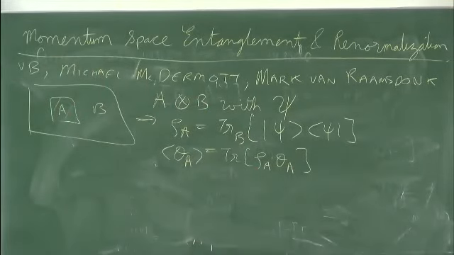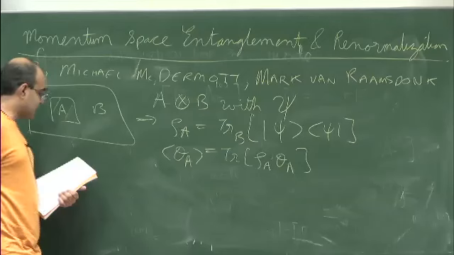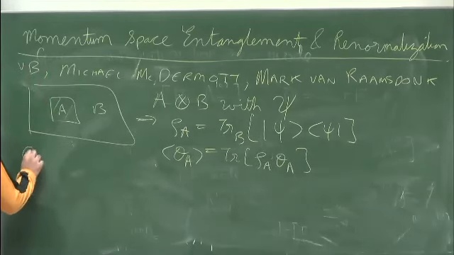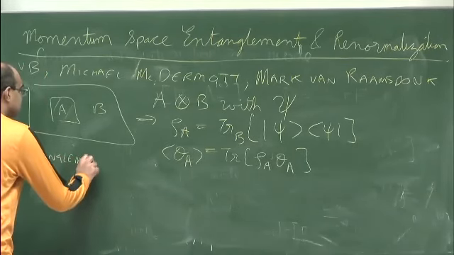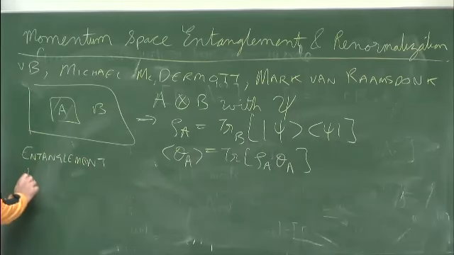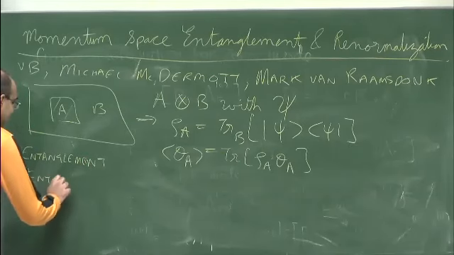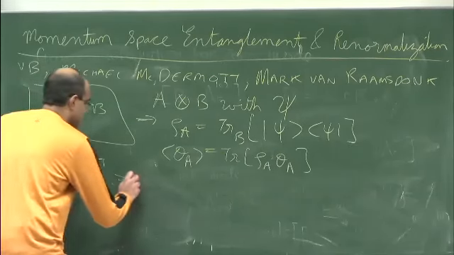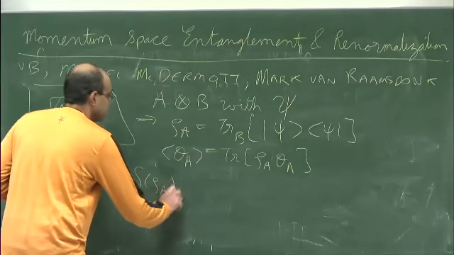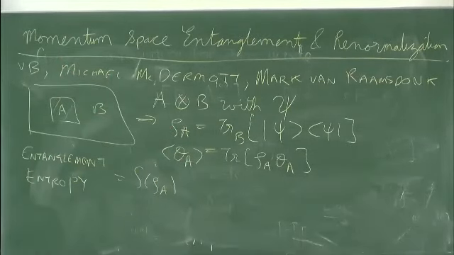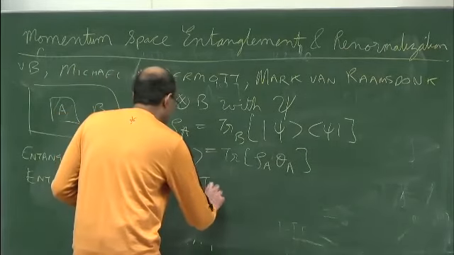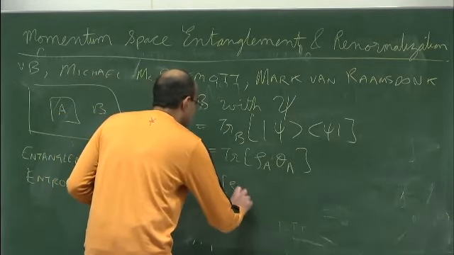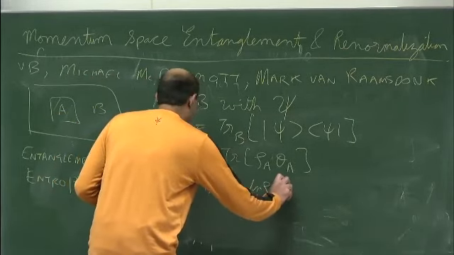Now, a characteristic property of quantum mechanics is that the system A and the system B can be quantumly entangled. One way of quantifying the amount of entanglement between the regions A and B is by the entanglement entropy, which, as you all know, is you take this reduced density matrix, which characterizes system A, and you compute the entanglement entropy by taking minus trace rho A log rho A and add it all up.